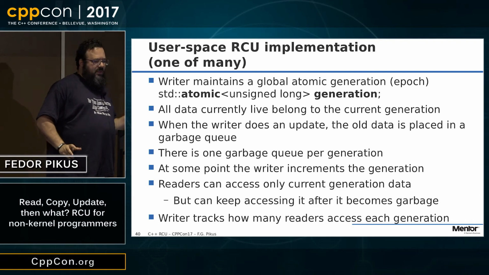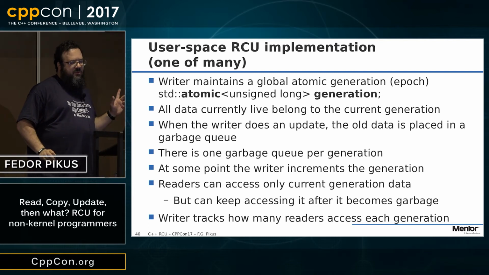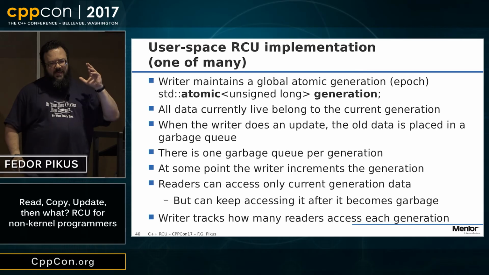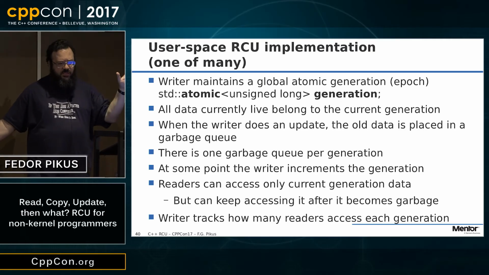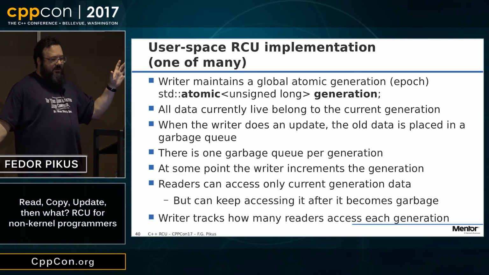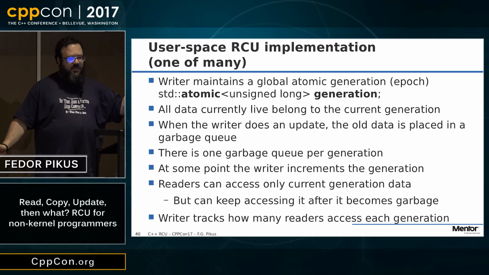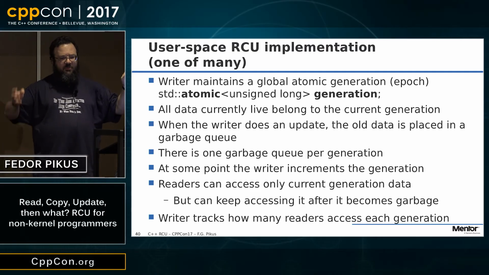Now, any reader that is currently beginning to access this list can only access the current generation, because they can't access anything that has been already put on the garbage queue, not accessible from the list anymore. But any reader that started accessing the list can keep accessing it long after some node became garbage.